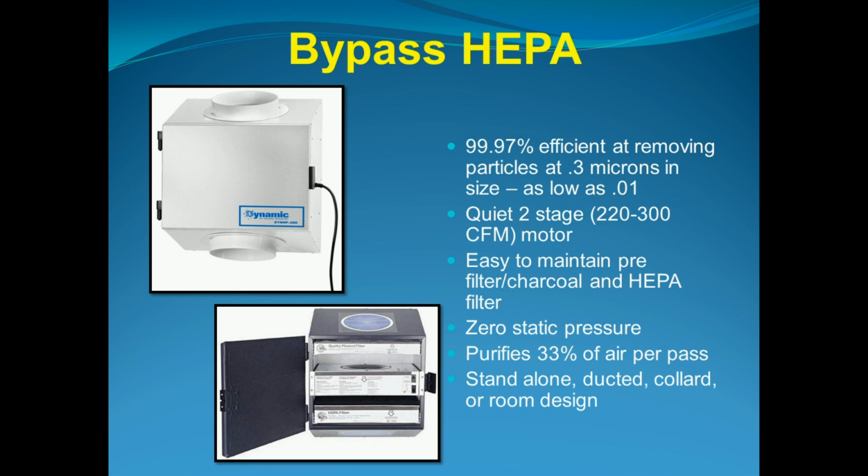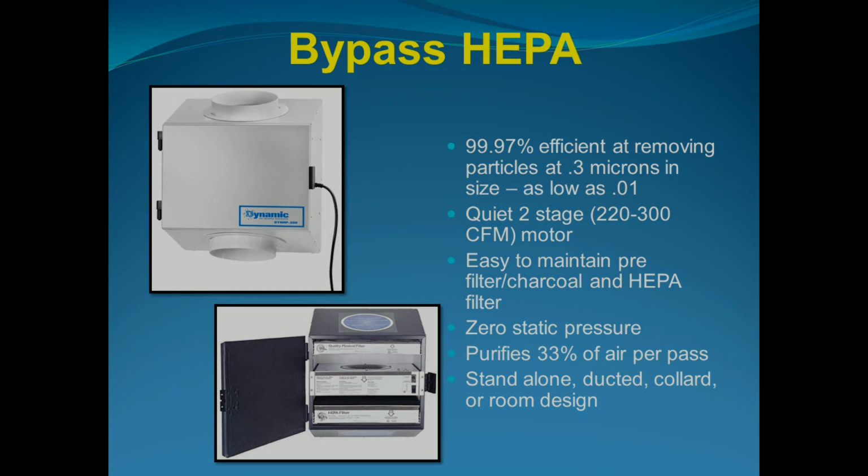It's got about 560 CFM, but once you put the HEPA filter and the pre-filter in there, it'll reduce that to about 300 CFM. That's enough CFM to pull about 35% of the air out of the return, put it through the pre-filter, then through the blower wheel, and then right through the HEPA and put it right back in. So here again, this is going to be multiple pass efficiency.